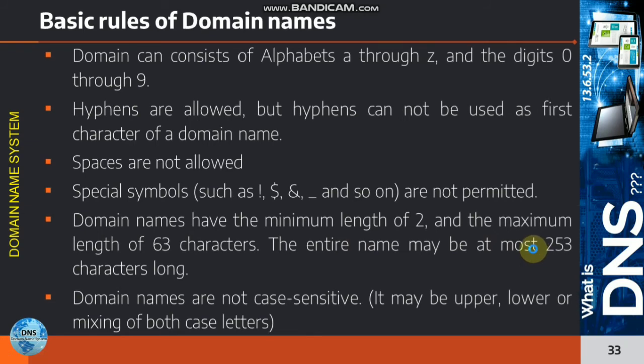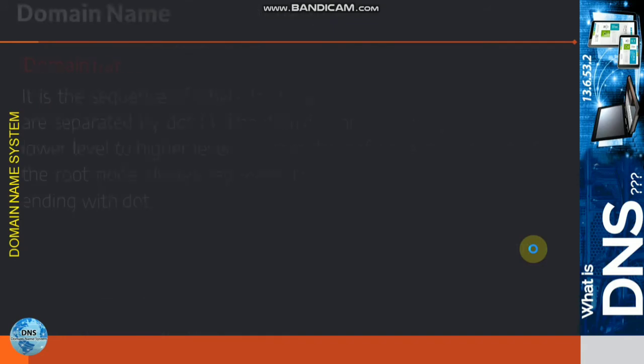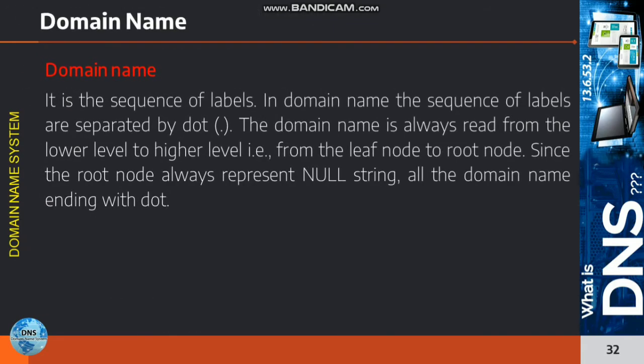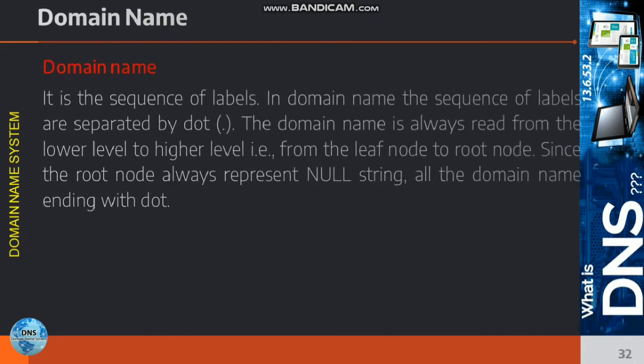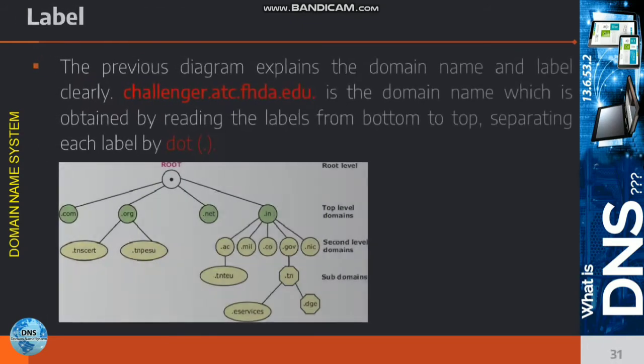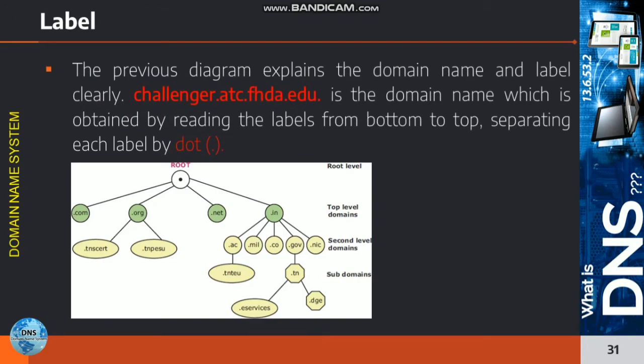For example, we were coming across the diagram. Let us consider this. We were coming across this challenger domain name from the ATC node, and this was from the FHDA node, and this was from the EDU node.